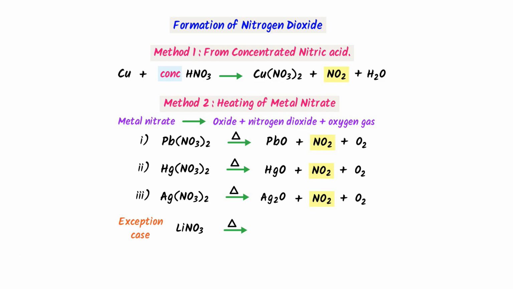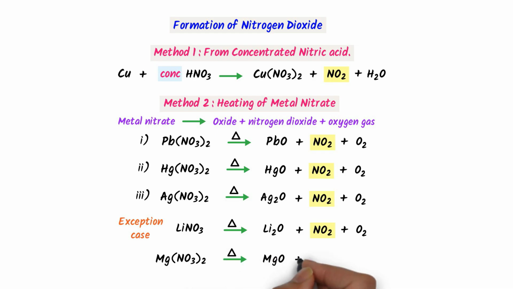As a result, it produces lithium oxide plus nitrogen dioxide plus oxygen gas. Secondly, when magnesium nitrate is heated, we get magnesium oxide plus nitrogen dioxide gas plus oxygen gas. Thus remember that nitrogen dioxide gas is produced when heavy metal nitrates are heated.